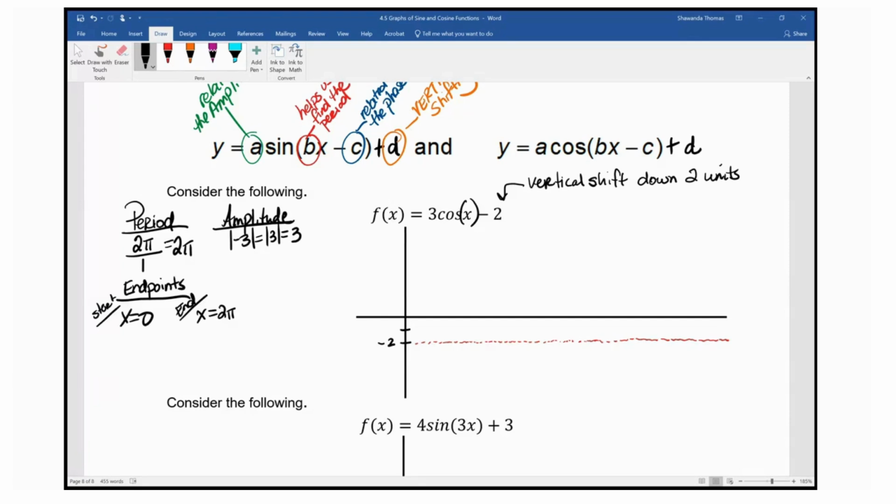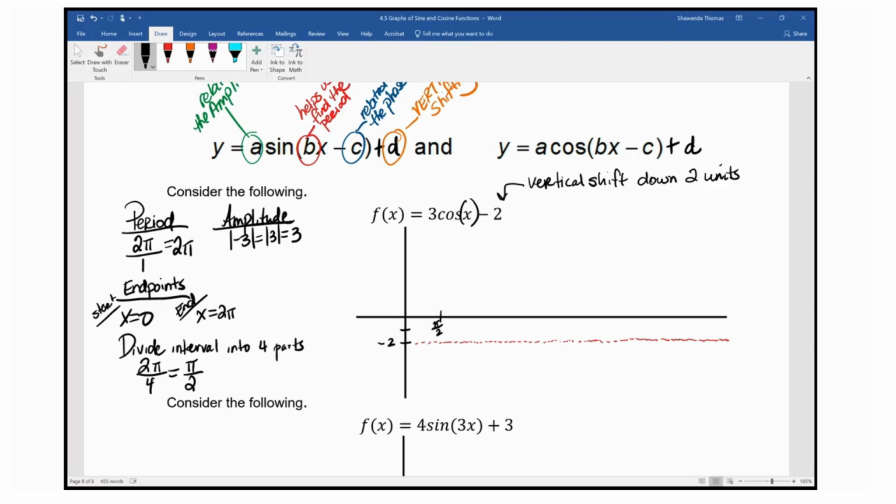All right, now let's divide the interval into 4 parts. So we got 2 pi, we divide it by 4, and we get pi over 2. All right, we're going to start at 0, and I'm going to put pi over 2 here.